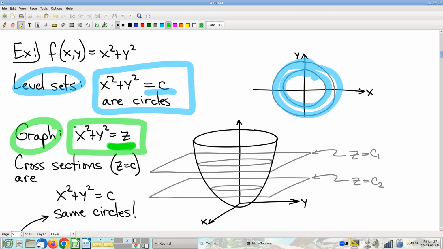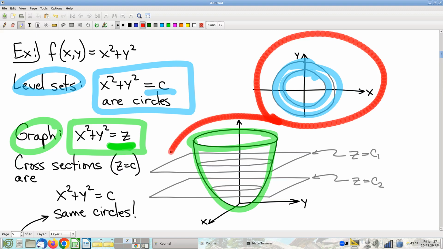But for the moment, as I hand waved before, it's kind of curving up in the x direction, it's kind of curving up in the y direction, and you kind of expect that graph to look like this. Now, before I finish this example, I do want to pause and take notice of the fact that, as previously warned, the level sets and the graph are very different pictures.